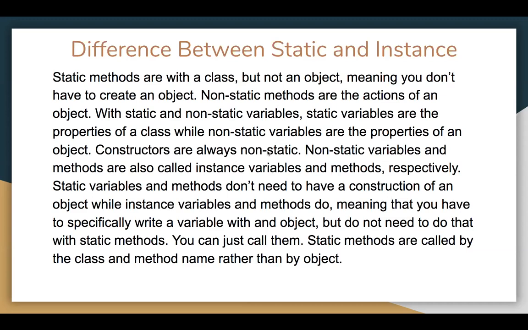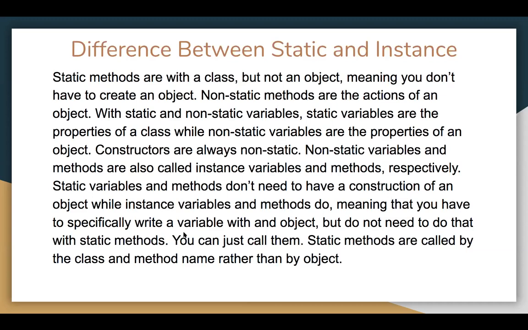Constructors are always non-static, which means that they're always instance. They don't go inside of static methods. Non-static variables and methods are also called instance variables and methods, respectively. Static variables and methods don't need a constructor and an object, while instance variables and methods do, meaning you have to specifically write a variable with an object, but you do not need to do that with static methods.